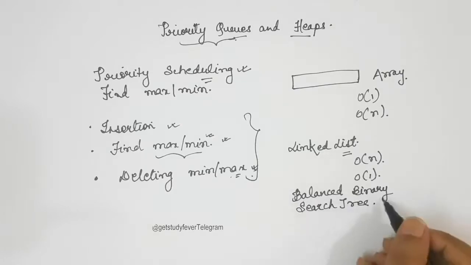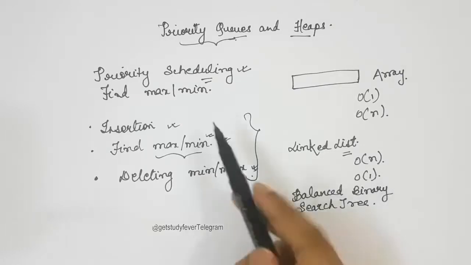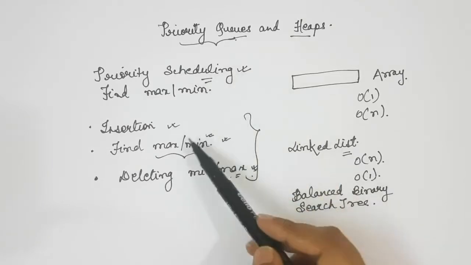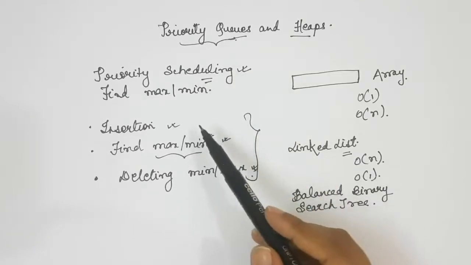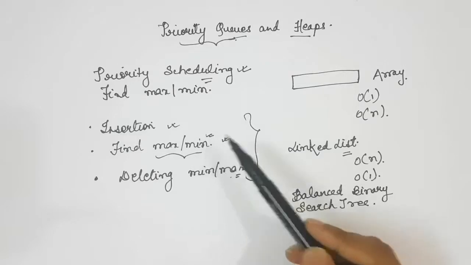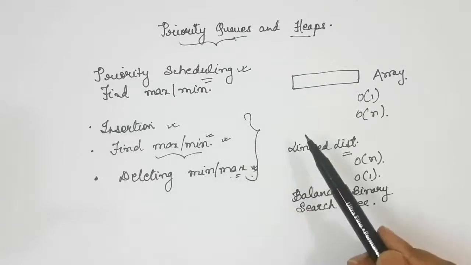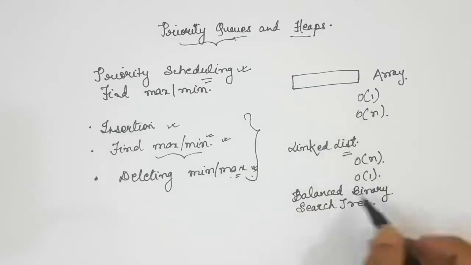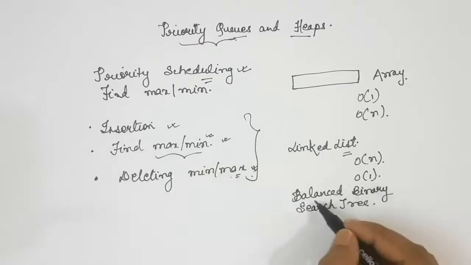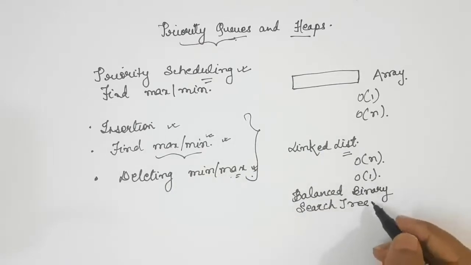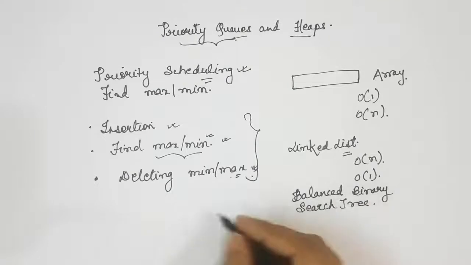Let's say I use a balanced binary search tree for implementing these operations, so that insertion, finding minimum, and deleting minimum and maximum operations are possible. Before we see the balanced binary search tree, let's see a BST only.